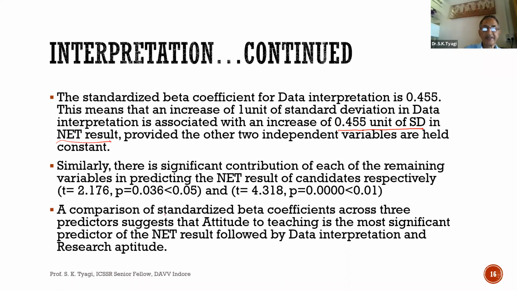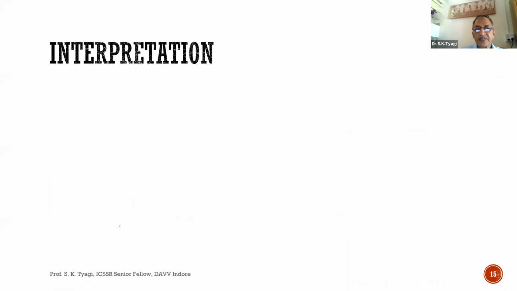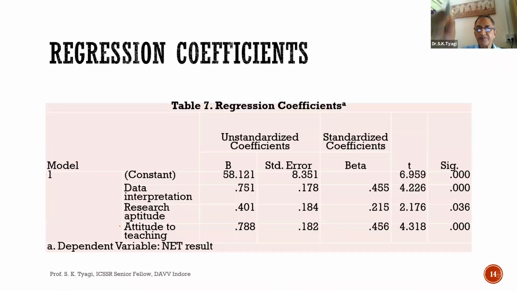Now we are interpreting the standardized beta coefficient across three predictors. See, let us see once again. Standardized beta coefficients are used for interpreting the relative importance of these three.